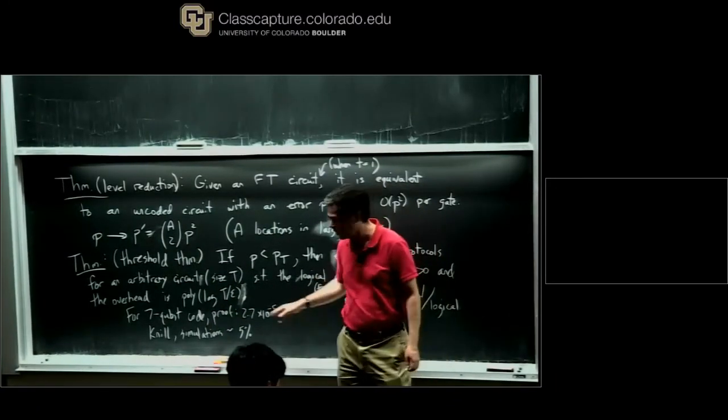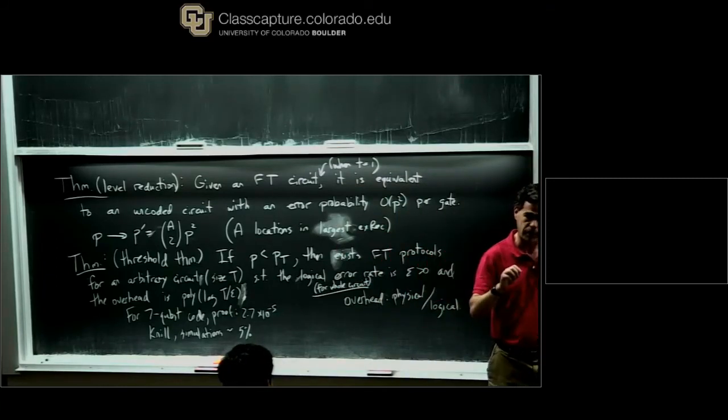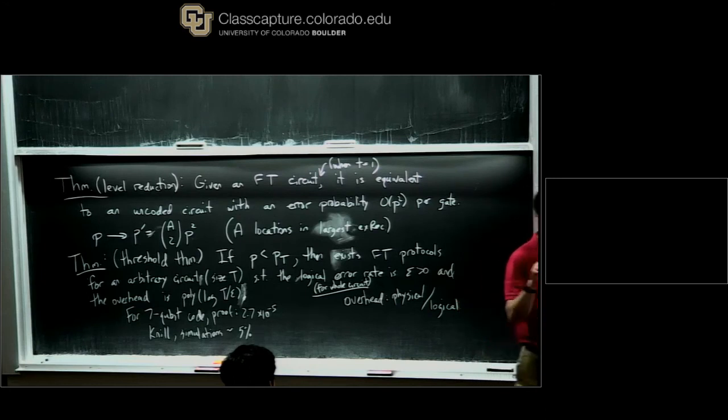So this better number comes from more careful counting of errors. Remember I said that not all pairs of locations are actually going to cause correctness to fail. Actually can cause a problem. So if you're more careful about how you count those, you can incorporate that into the proof and get a number like this.